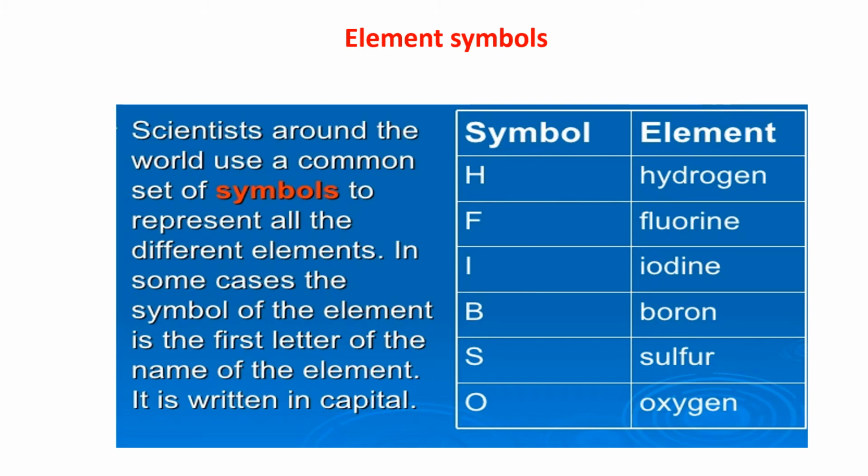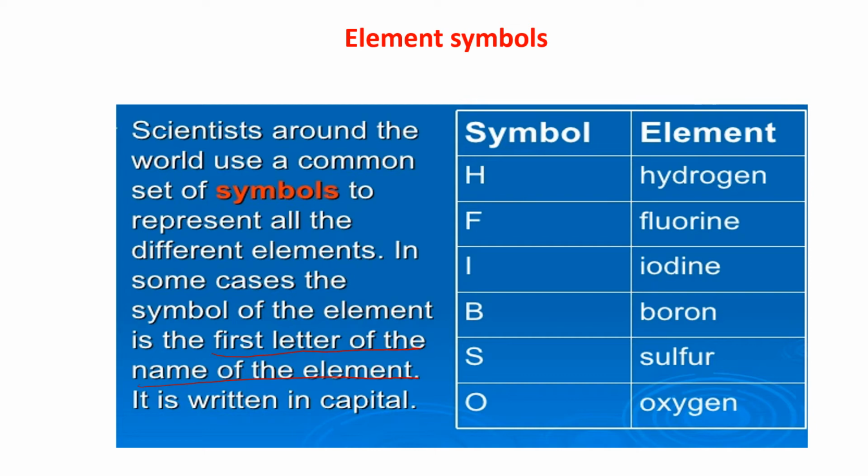Symbols of some elements. Scientists around the world use a common set of symbols to represent all the different elements. In some cases, the symbol of the element is the first letter of the name of the element, written in capital.